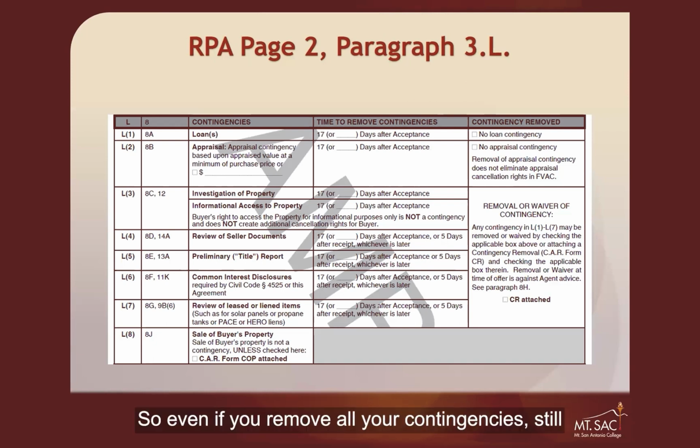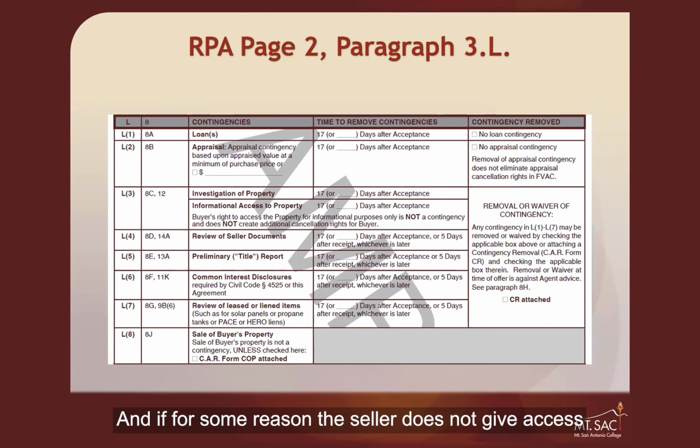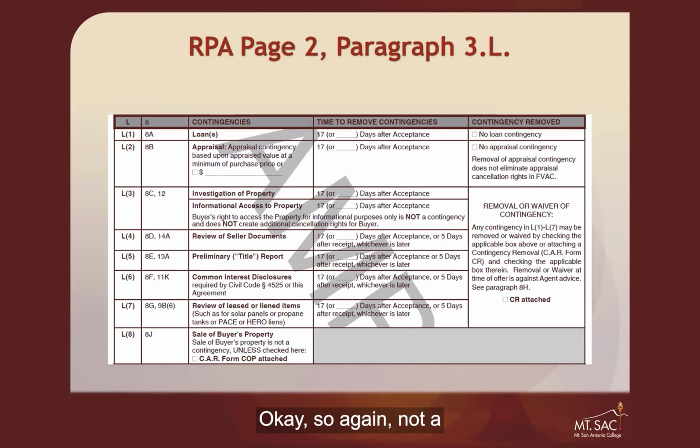So even if you remove all your contingencies, still have access to the property to measure for carpet, furniture, things like that. That's actually a covenant. That's a promise. And if for some reason the seller does not give access or does not allow the buyer into the property during that 17 days, seller's arguably in breach of the contract. Okay, so again, not a contingency, it's actually a covenant.